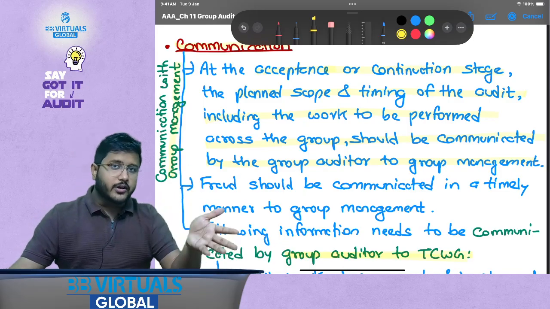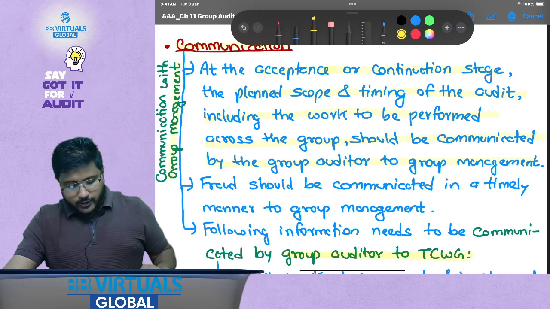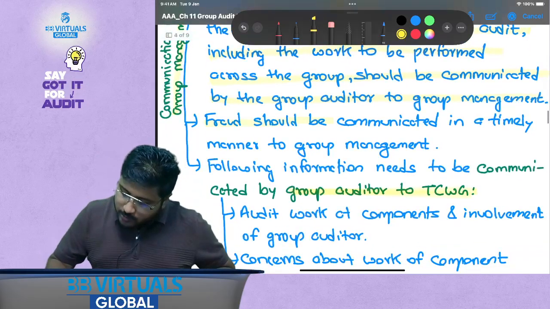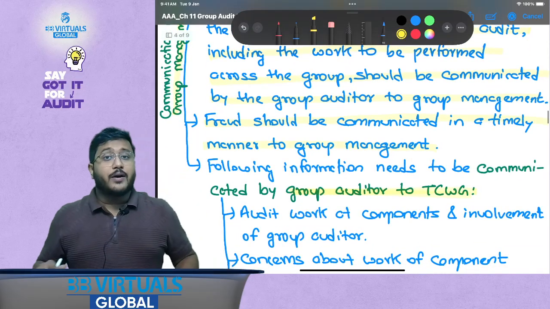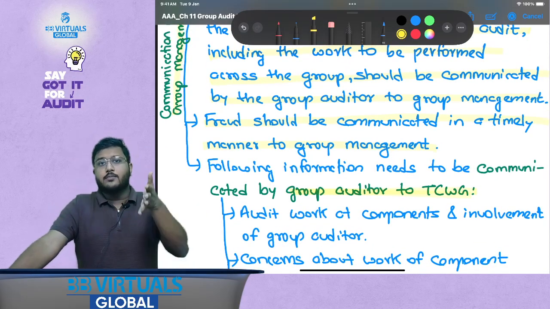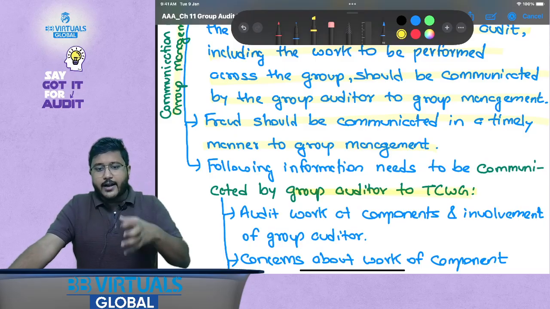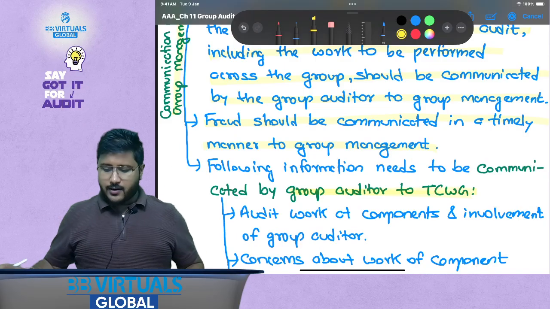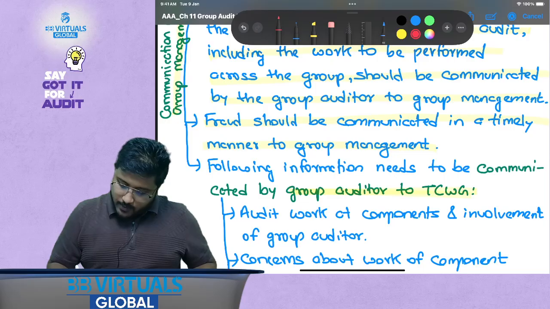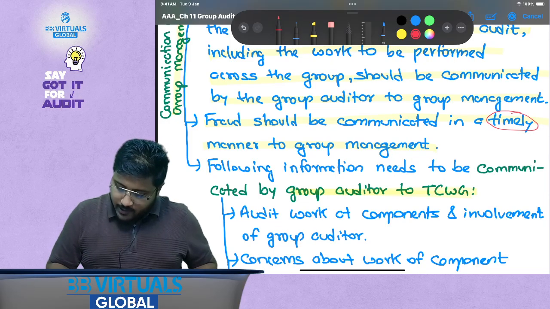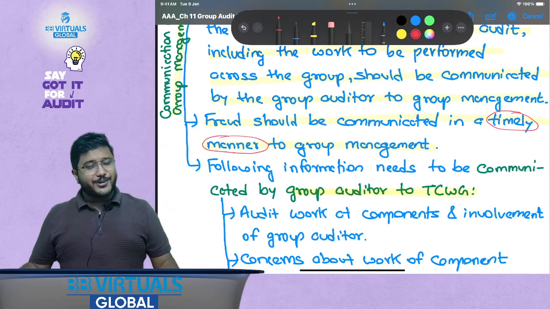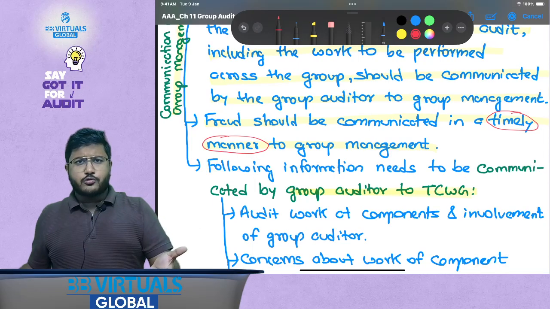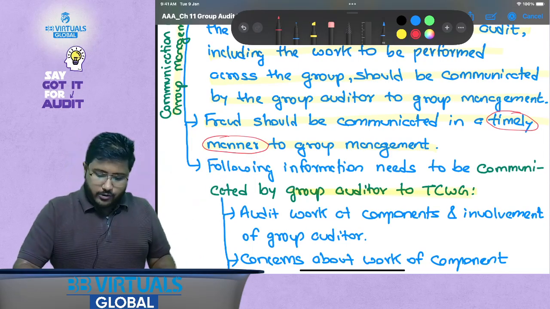Similarly here, the group auditor would be sharing it with the group management. Now, fraud should be communicated in a timely manner to group management. If any fraud comes to the attention of the auditor, it should be communicated to the group management in a timely manner. This is also similar to what we have discussed in a normal audit.